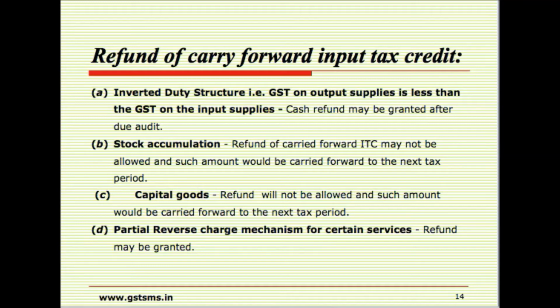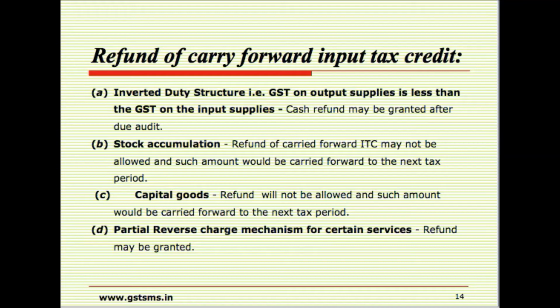In case of a car being supplied by Maruti, what if the rate of tax on the car manufactured and sold is 5%, whereas the car procures various inputs across the board, including seats, steering wheel, glass, iron.